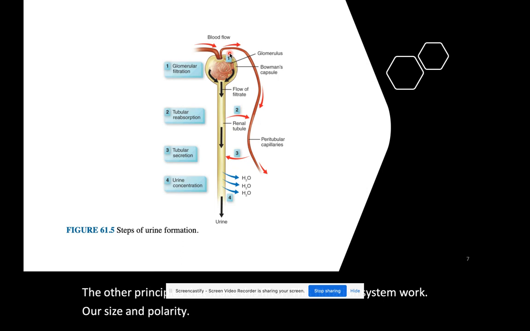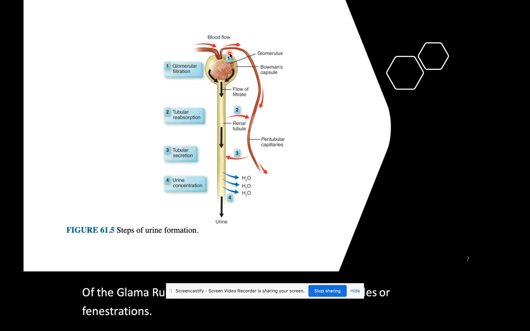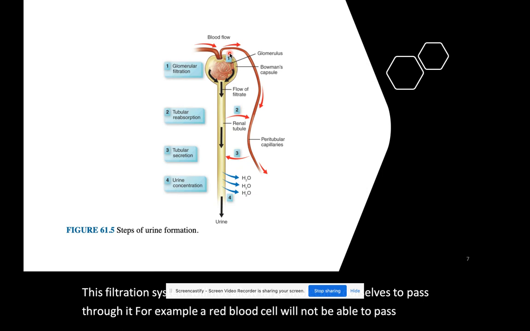Imagine the lining of the glomerulus and the Bowman capsules have holes or fenestrations, but these holes are tiny. This filtration system will not allow large molecules or cells to pass through it. For example, a red blood cell will not be able to pass through these holes.